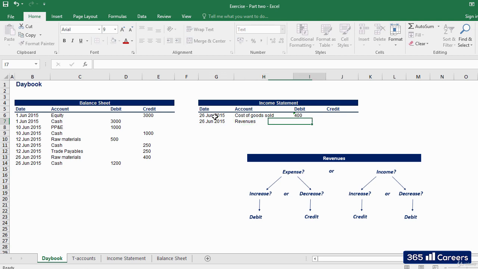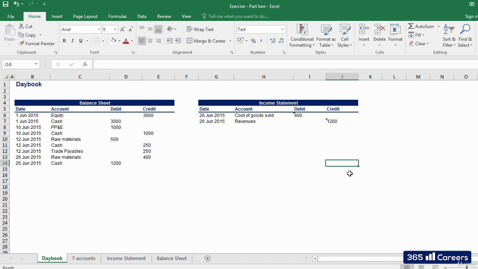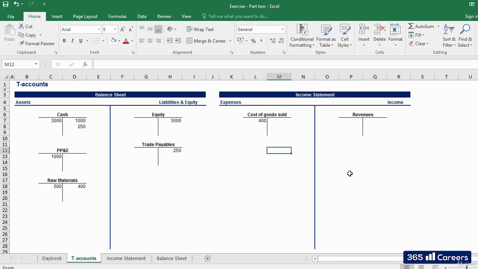We need to increase the revenues account as well. An increase of revenues means that the account needs to be credited. Okay, great. The next thing I will do is transfer these entries into the respective T accounts. We have a debit of $1,200 for cash and a credit of $1,200 for revenues.